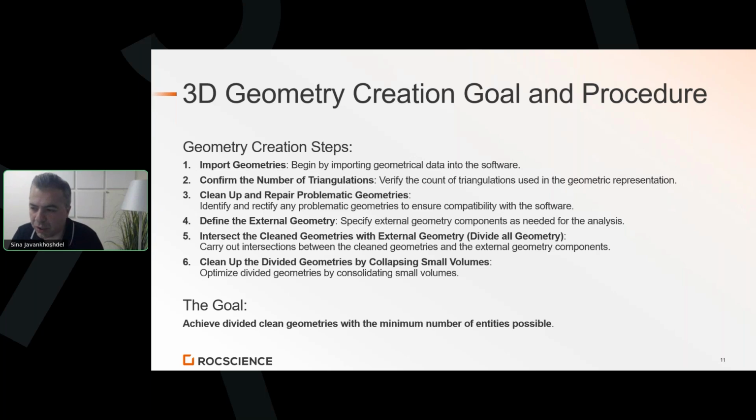It's called divide all geometry. And at the end, you do another level of cleanup, which is for the divided geometries and collapse small volumes. What is the goal here? The goal is to achieve divided clean geometries with the minimum number of entities possible. So that's a goal when you create a 3D geometry.